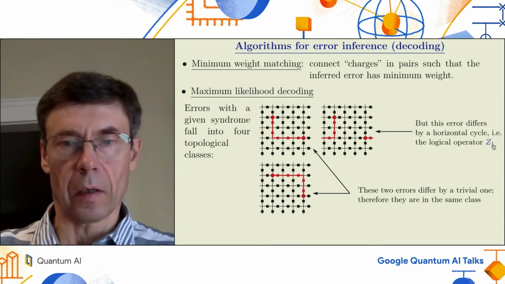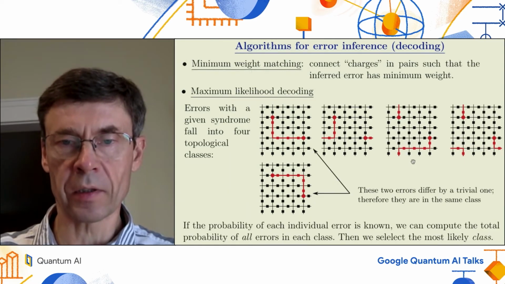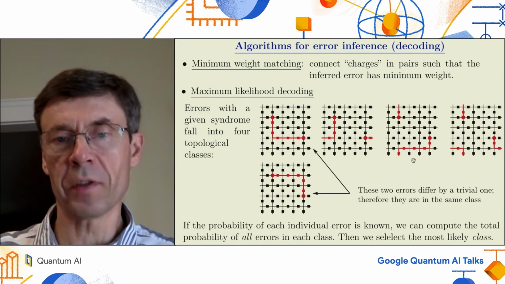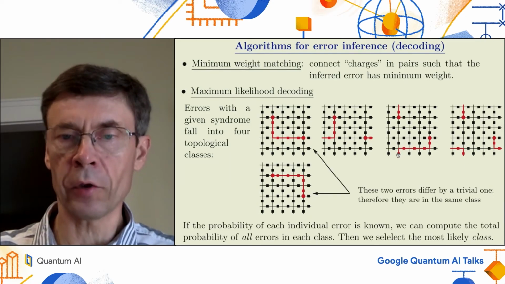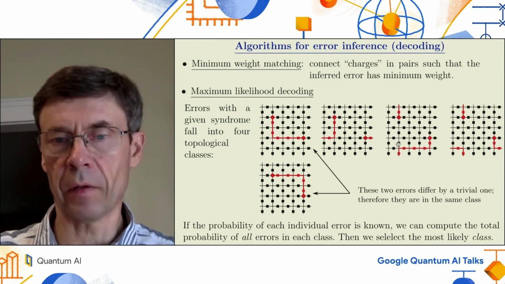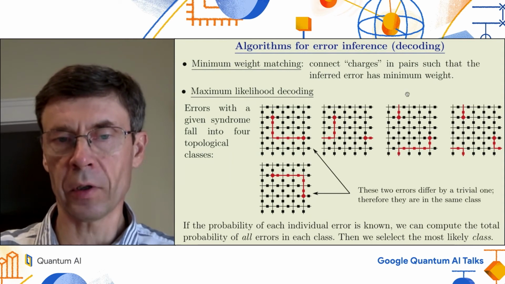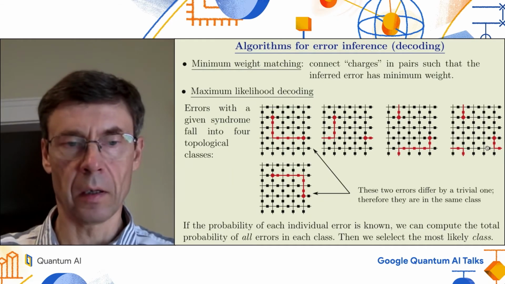But on the torus, unlike the planar geometry I will describe later, on the torus there are more possibilities. A logical operator can go vertically. This superposition of this picture and that picture corresponds to a vertical line, and here the line goes diagonally.